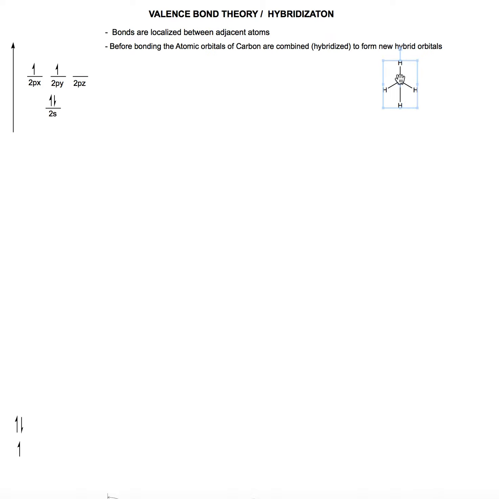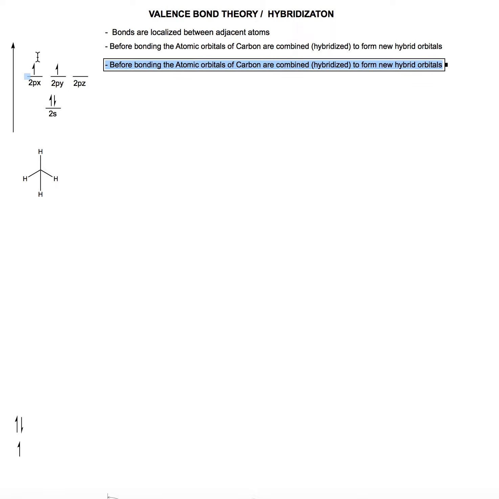So how are hybrid orbitals generated? Hybrid orbitals are created from the mathematical combination of atomic orbitals in such a way that if we combine, in this case for carbon, 4 atomic orbitals, we will always get 4 hybrid orbitals. Therefore, we can say that the number of hybrid orbitals formed equals the number of atomic orbitals combined.